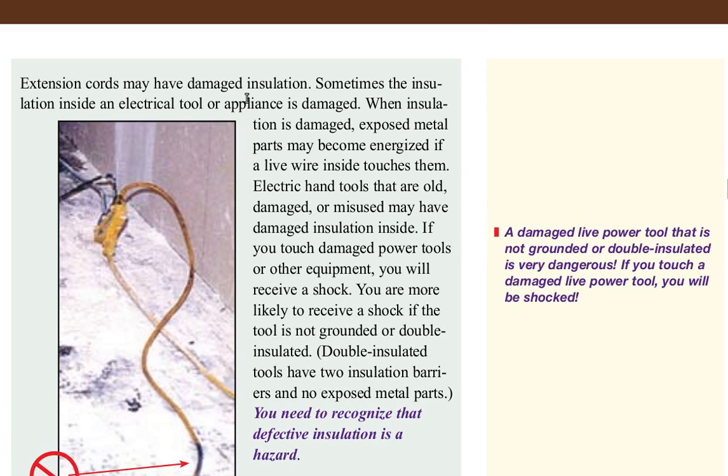Extension cords may have damaged insulation. Sometimes the insulation inside an electrical tool or appliance is damaged. When insulation is damaged, exposed metal parts may become energized if a live wire inside touches them. Electric hand tools that are old, damaged, or misused may have damaged insulation inside.